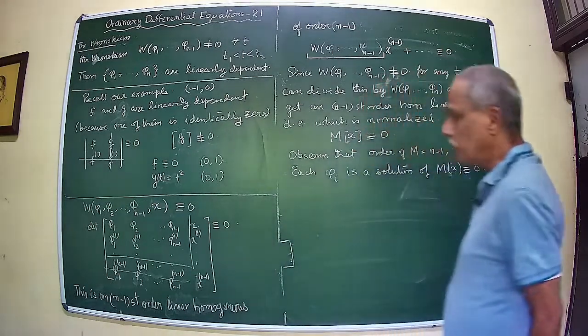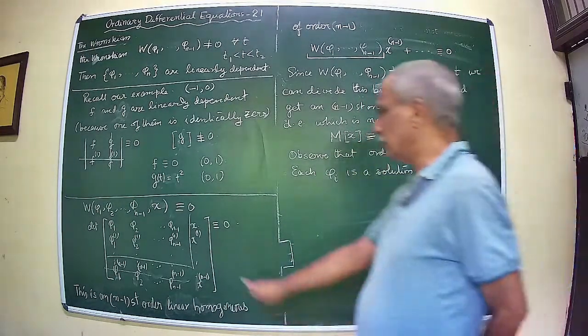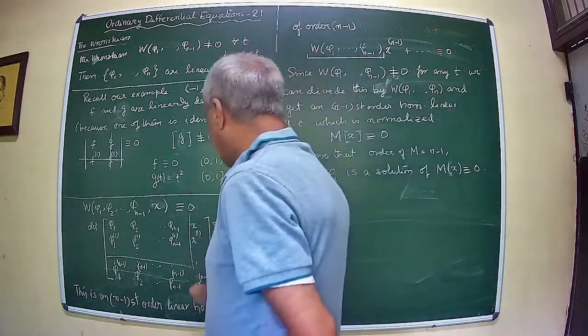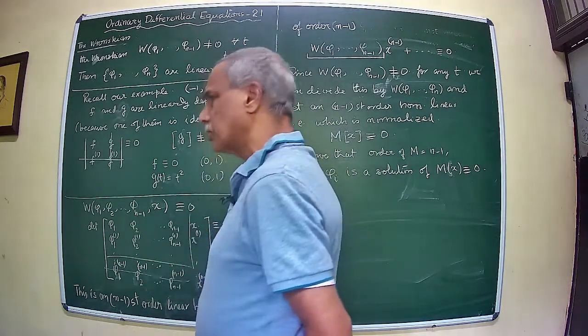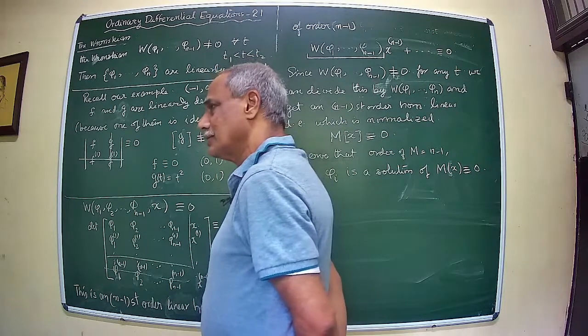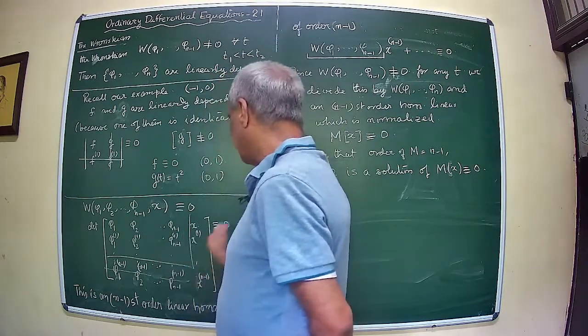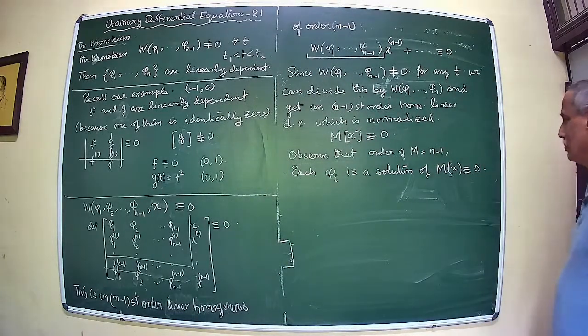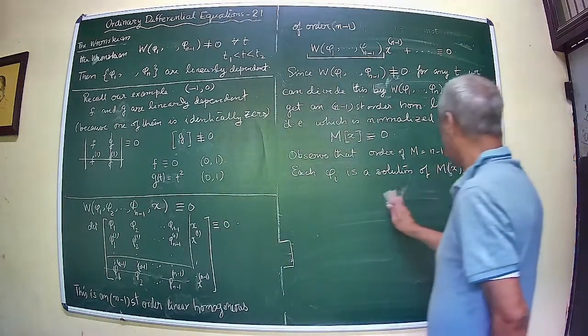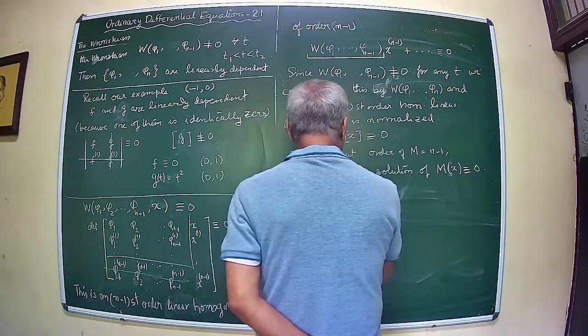Why is it so? Suppose you write phi i here, then you see that the ith column here and the last column here are identical. Therefore, the determinant is equal to 0 for every t. Okay. Therefore, you see that is m phi i equal to 0.